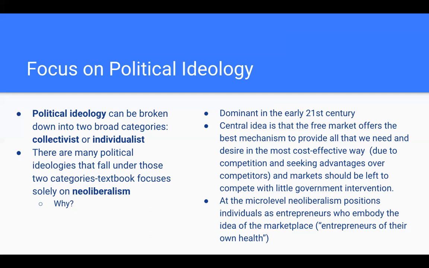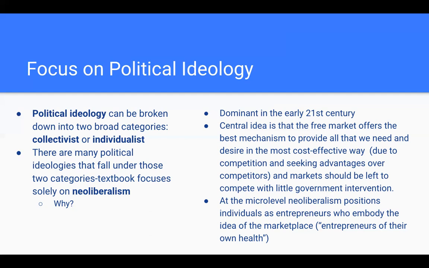And the reason why people believe that the market will ultimately be the best and the most cost-effective way is the expectation that people will be in competition with one another, providers and companies will be in competition with one another, and they will seek to have advantages over their competitors in order to gain a greater market share and make more profits.